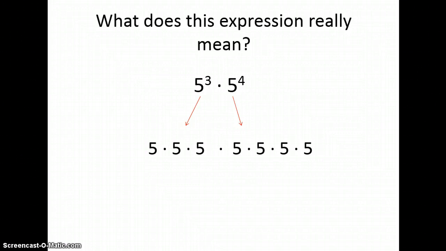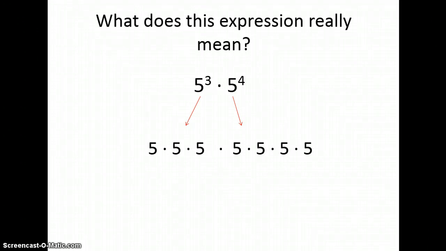Now, I don't want to work that all out, and I'm sure you don't want to as well. And you can't use your calculators. So, is there a way I can simplify this or write this in a better way where I don't have to work out all of the multiplication? Well, we know multiplication is commutative. So, I don't have to do 5 to the third power and then 5 to the fourth power since it's all multiplying anyways.